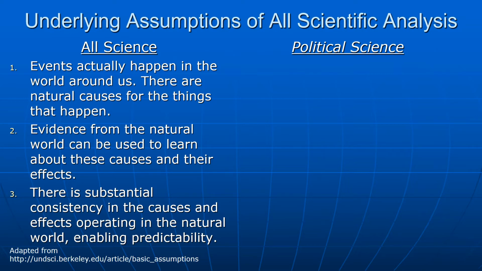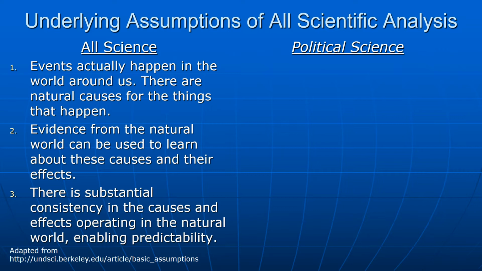And then there's a general overall consistency or uniformity in the way causes and effects happen, and we can develop multiple models to make better and better predictions, but those are founded in the observation and gathering of information and evidence about how the natural world operates.